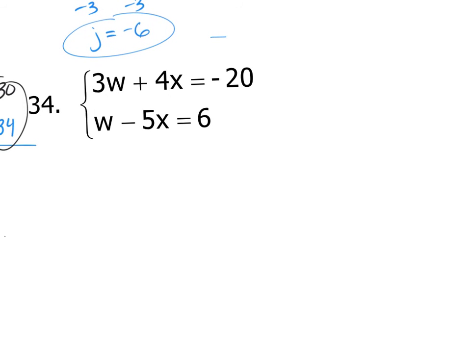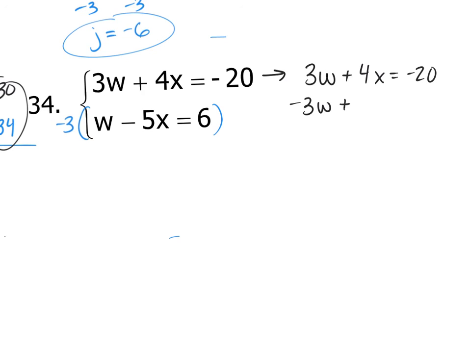Last but not least, number 34 here, I am going to times the bottom equation by negative 3. If I do that, my w's will cancel. On the top, I'm not changing anything. I'm just going to rewrite it here. I'm not changing the top equation, but on the bottom, I'm timesing everything by negative 3.